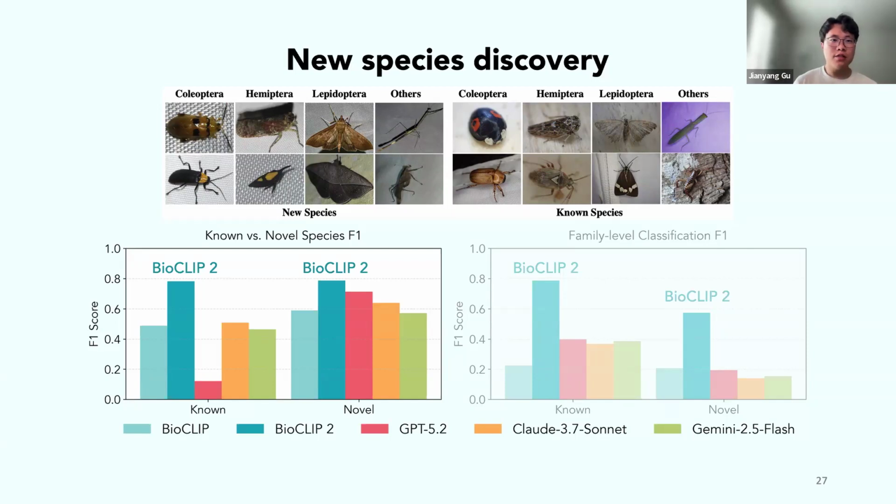So that means it genuinely just classifies all the species as novel species, but it doesn't have a very comprehensive understanding of all the existing species that we know.